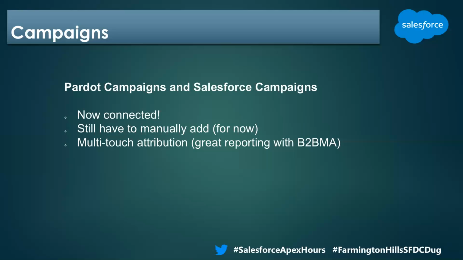But it's very important to marketers to be able to track their marketing efforts and get that ROI. And there are some really great multi-touch attribution reporting dashboards that come with B2B marketing analytics, which was at one point called Wave, similar to Einstein Analytics.